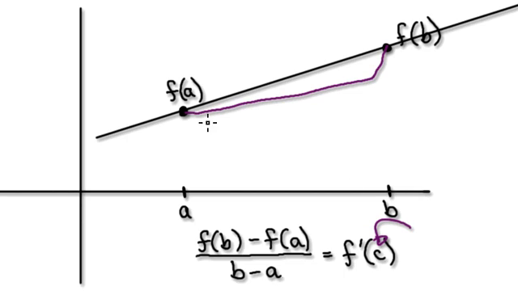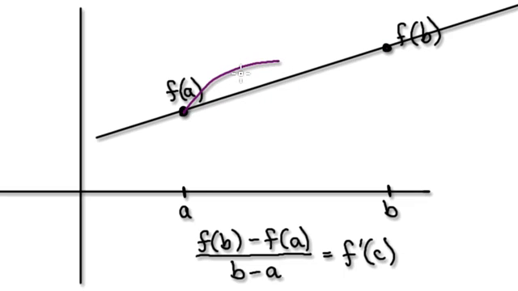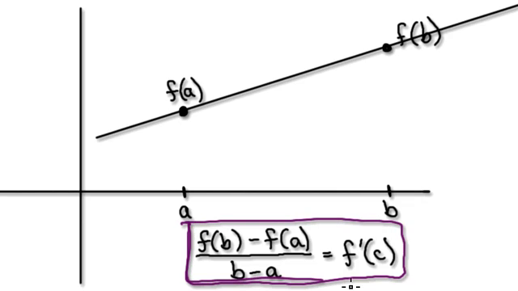You could do something like this: from here to here the gradient is quite shallow, below the average gradient. But somewhere in between here, the gradient is steeper than the average gradient. So no matter what you do, you're going to obey this theorem.